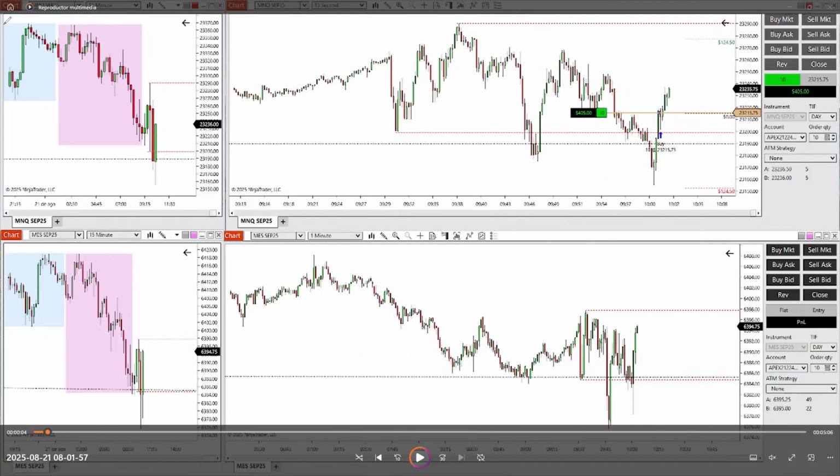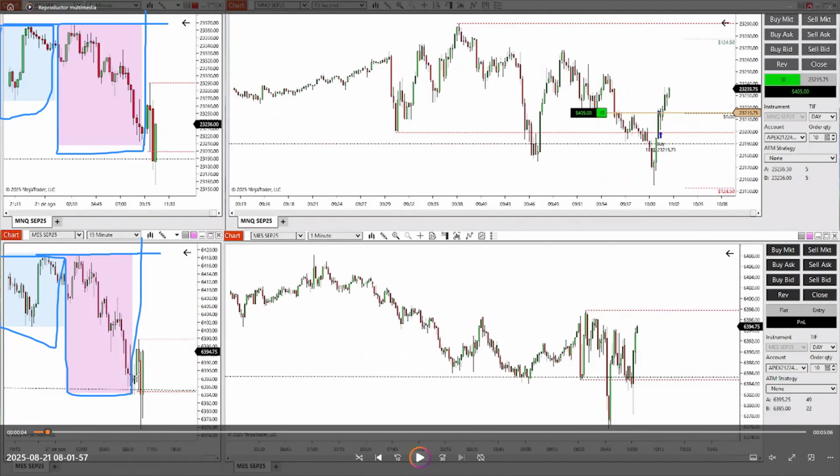So if you look at here, the Asian session highs and London highs are equal highs. Not only that, but we have Sydney, an Asian session range with a manipulative move on the London session.